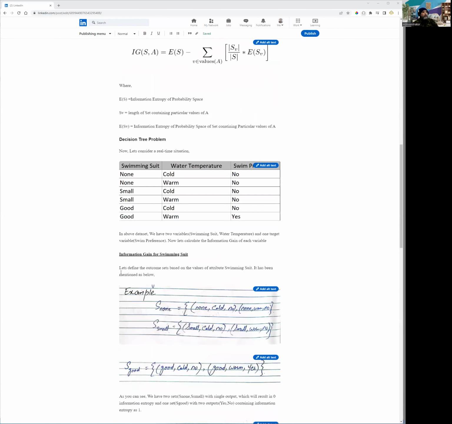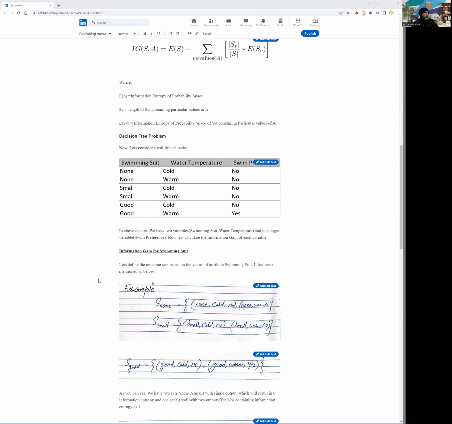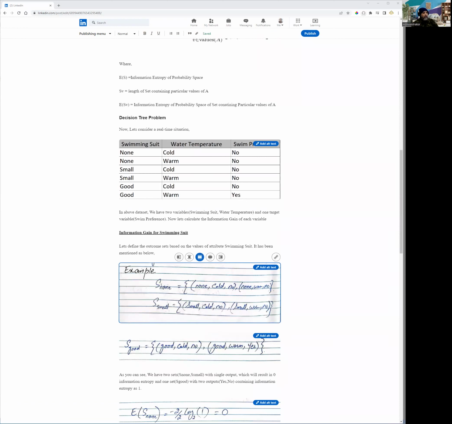Now let's calculate the information gain for our first variable, which is swimming suit, and you can see we are going to substitute values into this formula to get the information gain. Now, the very first thing, let's define the number of pairs based on the unique values of the variable. So we have 3 unique values.